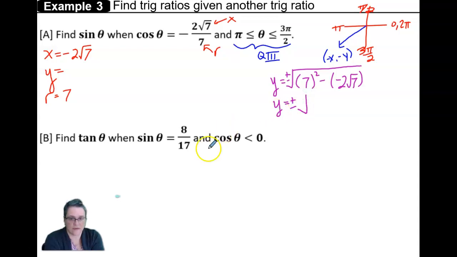And we have the square root of 49 minus negative 2 times negative 2, which is 4, and square root of 7 times square root of 7 is 7.